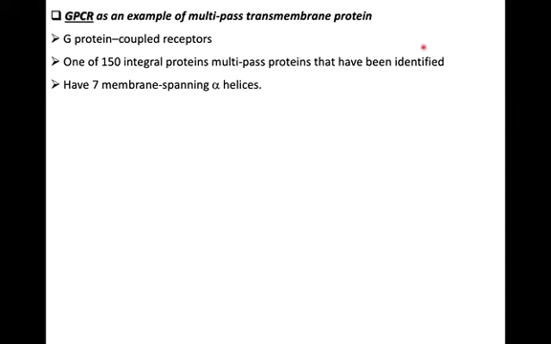This is a receptor, and it's one of the 150 multi-pass integral proteins that have been identified. One of the main differences between this protein and the other protein, glycophorin A, is that it has 7 membrane spanning alpha helices. The first example had only 1 membrane spanning alpha helix.